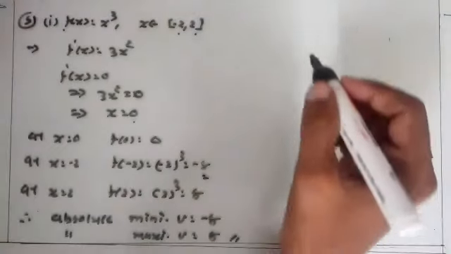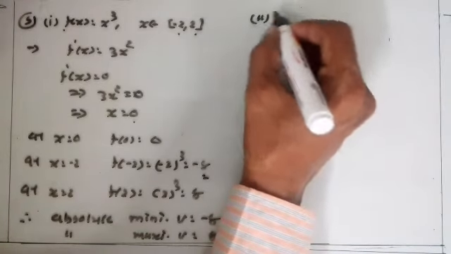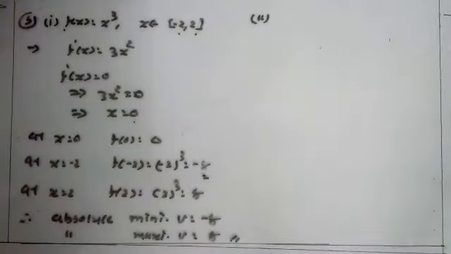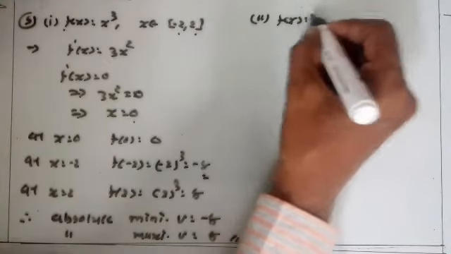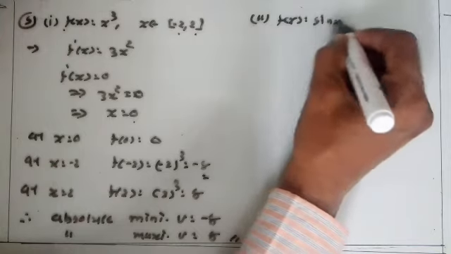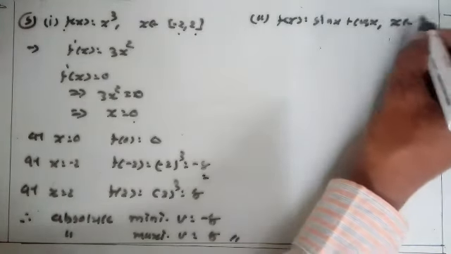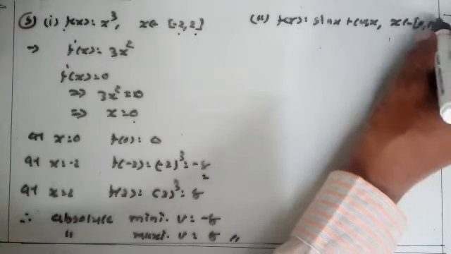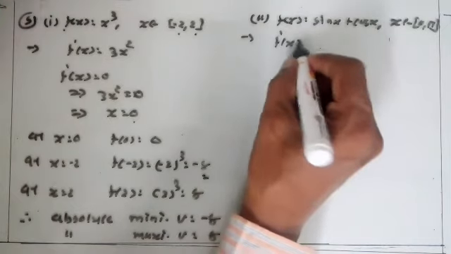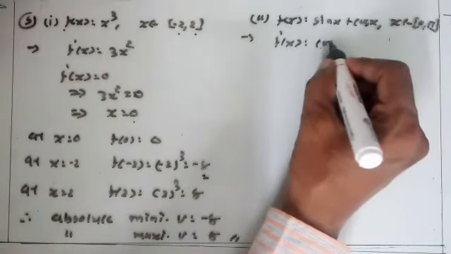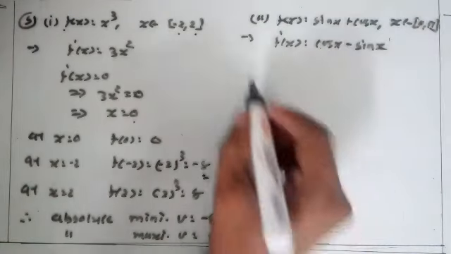Similarly, applying the same method, you should be able to solve question number 2. f(x) is equal to sin x plus cos x, and x belongs to 0 to pi. From the first derivative, f dash x is equal to cos x minus sin x, since the derivative of cos x is minus sin x.